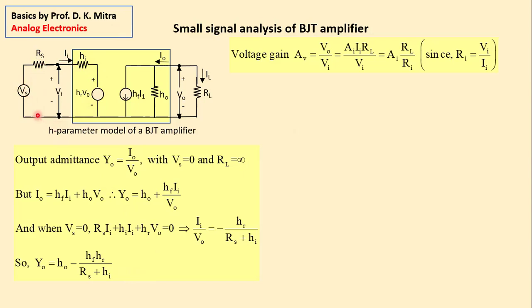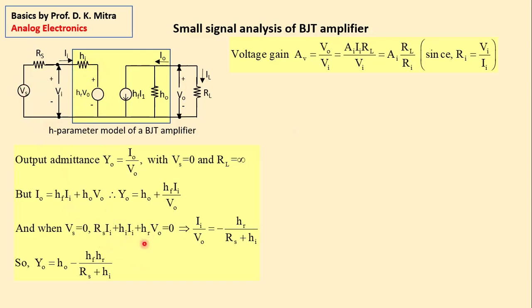You may think, where will the current come from if the source is removed? The polarities have been so defined that ultimately by the mathematical equation the actual value will come out. So say the source is totally removed and short circuited. Then RS II is the potential drop here, II HI is the potential drop here, plus HR VO is the potential available here, all together in this loop has to be 0.